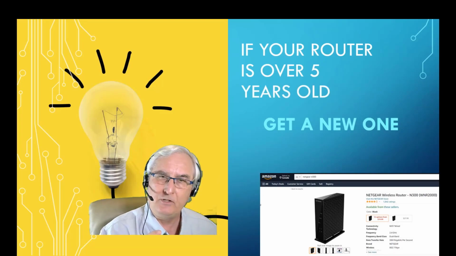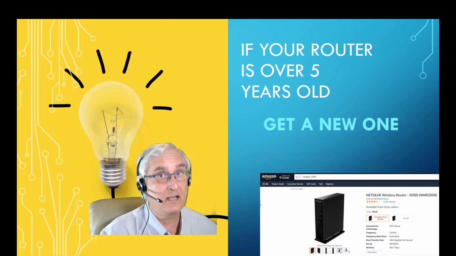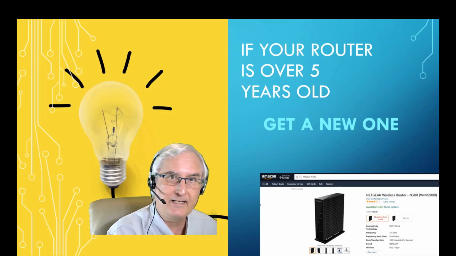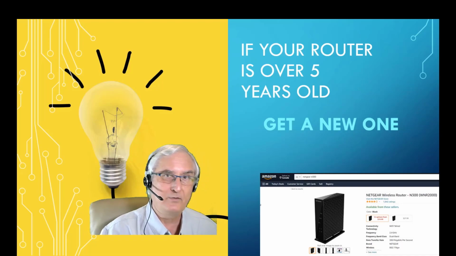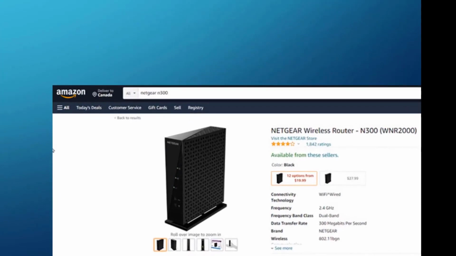Now, if you have a router that's over 5 years old, time to get a new one. Lots of big changes occurred over the past 5 years. In the bottom slide here, I have a picture of a router that's currently offered on Amazon. The thing that's so important when you purchase a router is that you get one that's made this year so that you get a modern, up-to-date one with the current software.